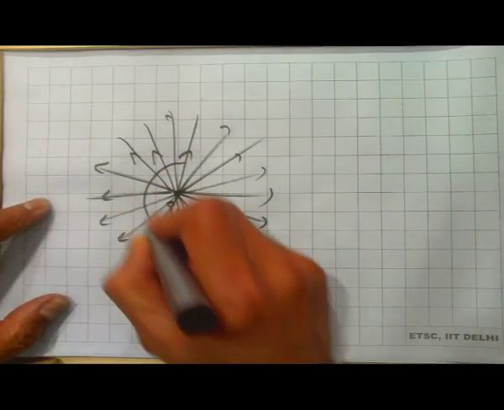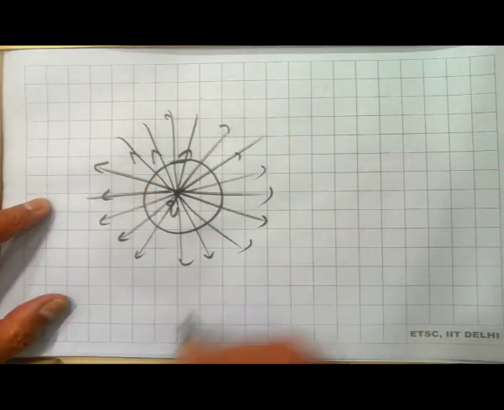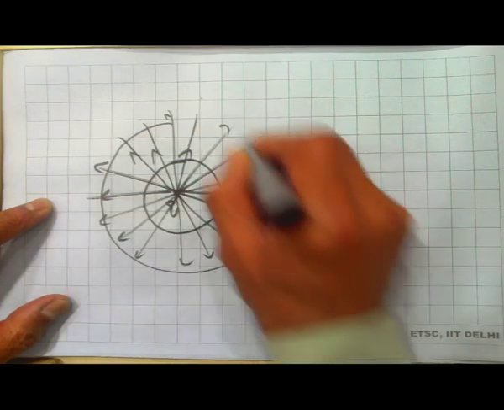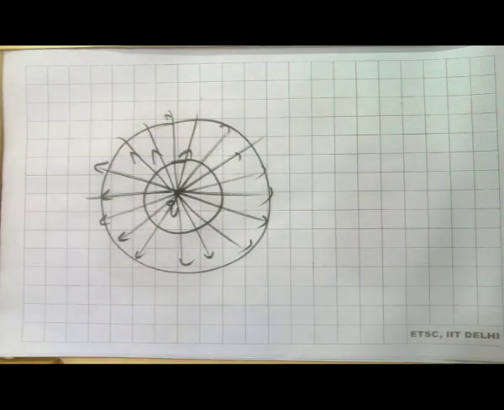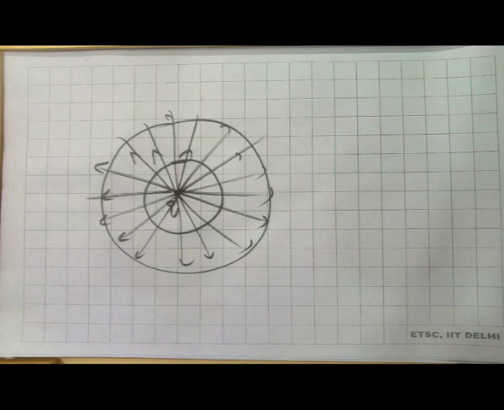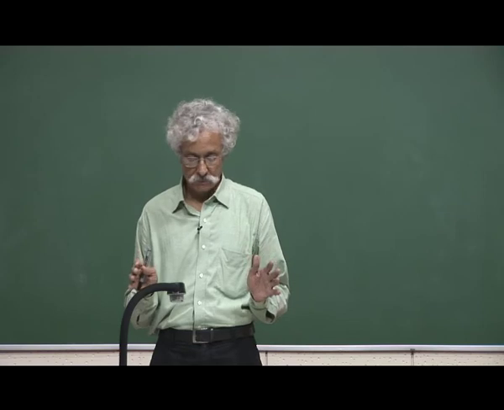So, I draw a sphere around this, and I draw another sphere. Notice two things. The number of lines crossing this inner sphere is the same as the number of lines crossing the outer sphere. These lines do not represent anything flowing.